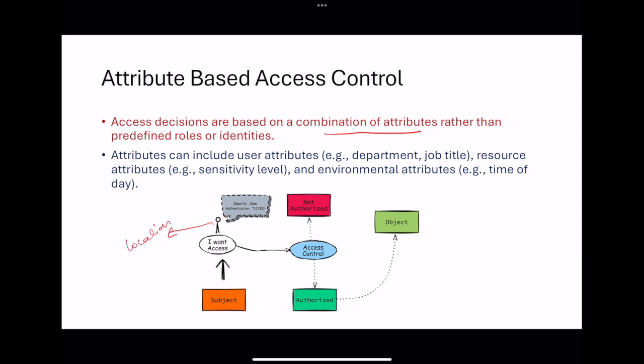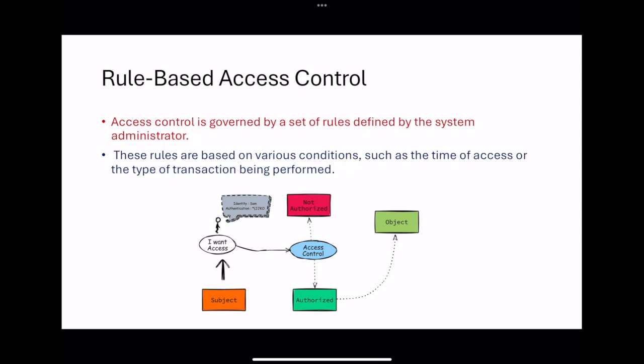Say a user is trying to log in from India, access is granted. But if the user is trying to access from USA, then access is not granted. So such granular controls can be built when you have attribute-based access control modeling systems, right?